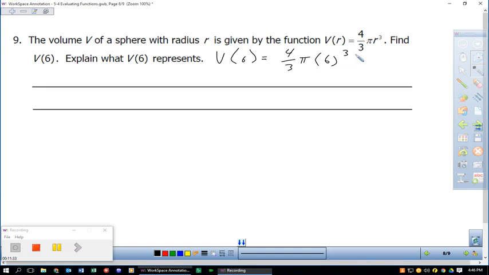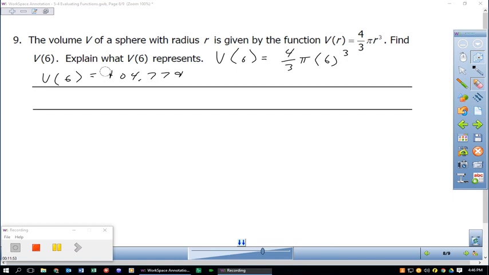So pi times 6 to the 3rd power. That is 904, so V of 6 equals 904.779, and by default we're rounding there because pi is an irrational number. It keeps going and going.